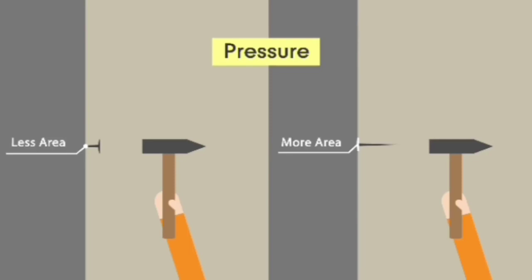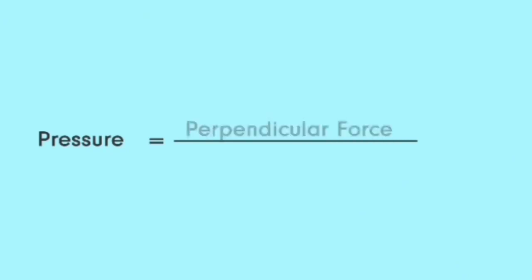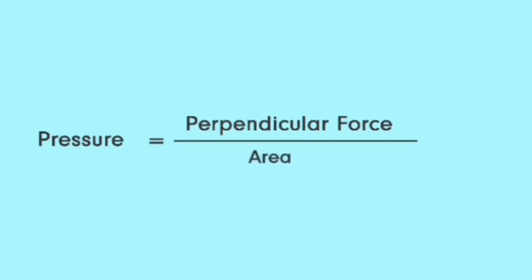We define pressure as the perpendicular force acting on the surface of an object per unit area on which it is acting. That is, pressure is equal to force by area.